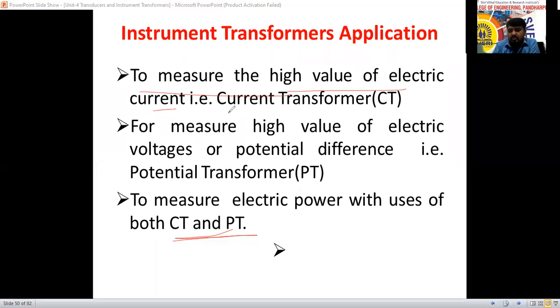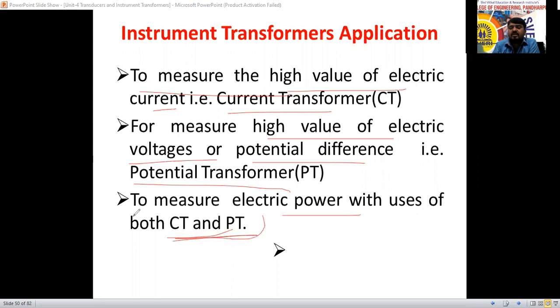To measure the high value of electric voltage or potential difference, we use the potential transformer. To measure the electric power, we use both CTPT. Now these are the three applications of the instrument transformers.